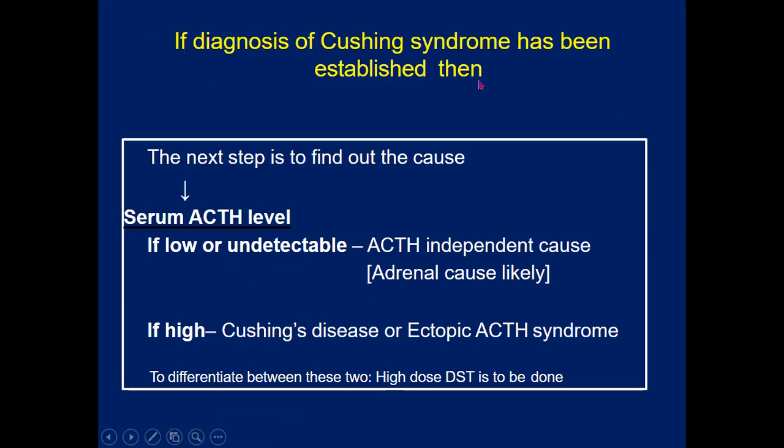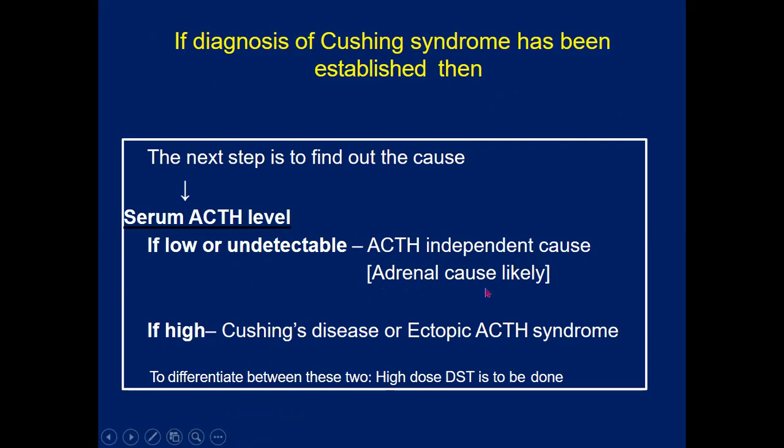If the diagnosis of Cushing syndrome has been established, that the patient is having increased level of the cortisol, then we have to identify either it is because of the ACTH or it is just because of the adrenals. For that, we have to go for the serum ACTH levels. If it is low or undetectable, then it is an ACTH independent cause.